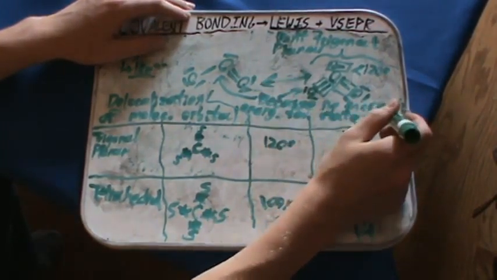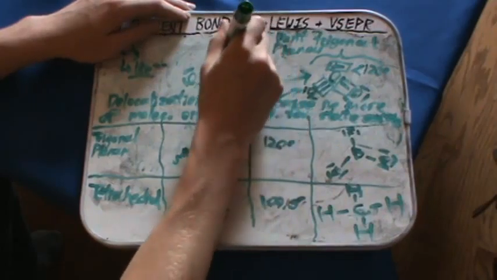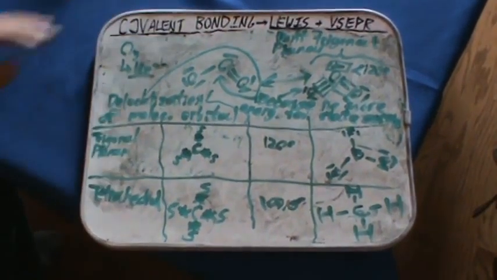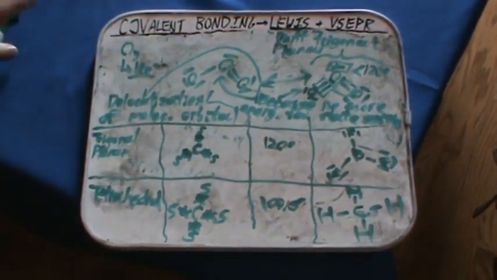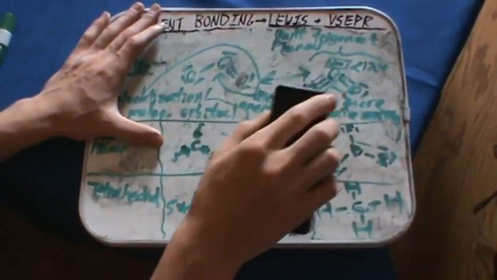So, because of this idea, this happens. Delocalization occurs, and the way this occurs is that we can see.